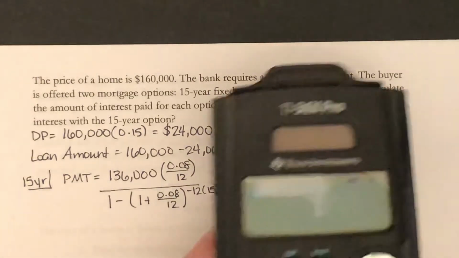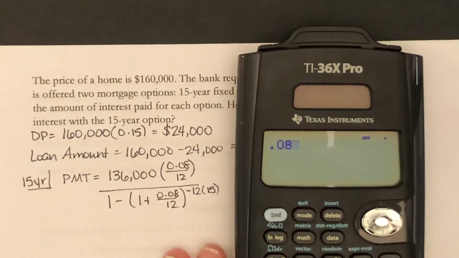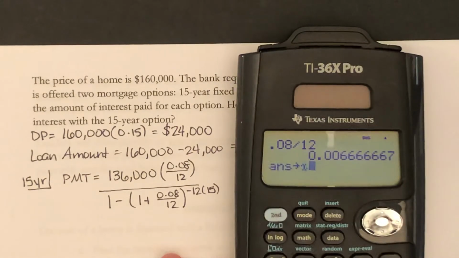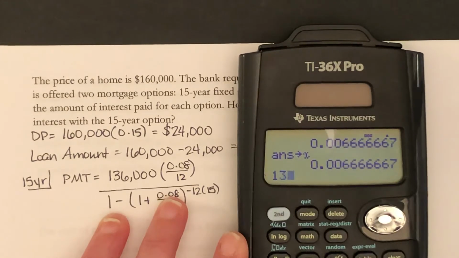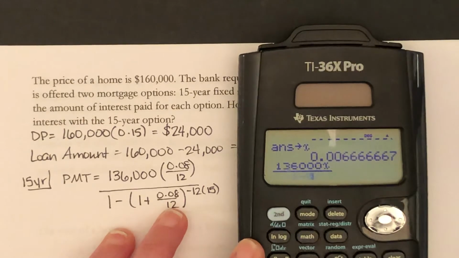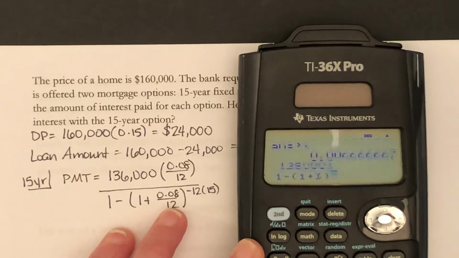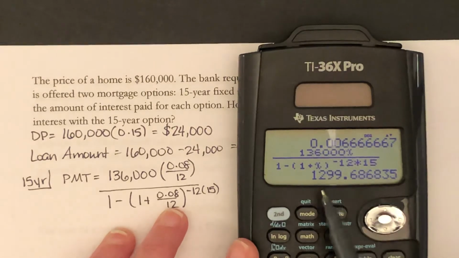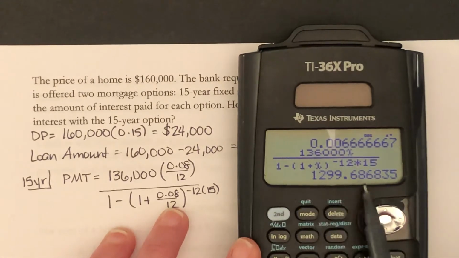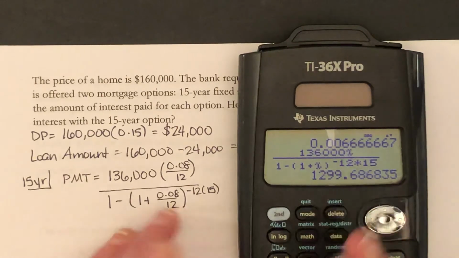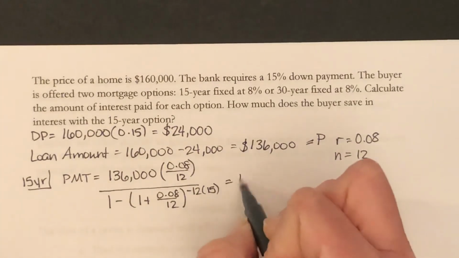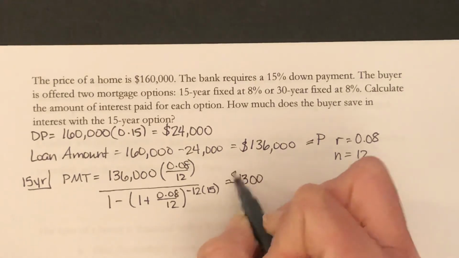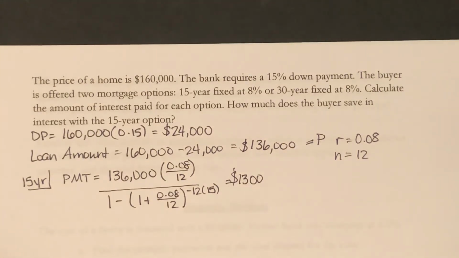Okay, so this is the amount I get, and I'm supposed to round to the nearest dollar. That's a 6, so this jumps up to $1,300. So you're going to be paying $1,300 a month.